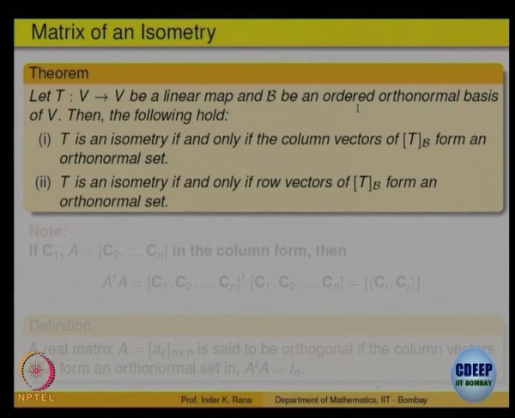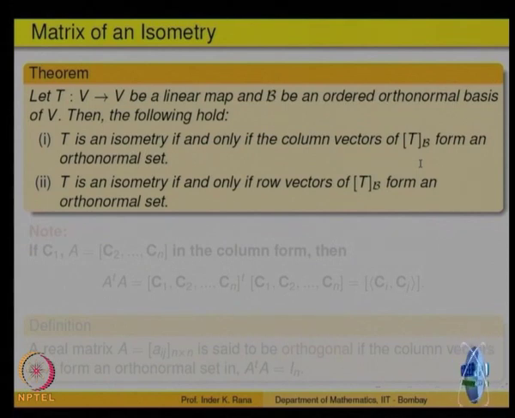And let us compute the matrix of that, and the important thing is that T is an isometry if and only if the column vectors of that matrix of T form an orthonormal set. So, given any linear transformation and an ordered basis, you will get a matrix, so you will get the column vectors.